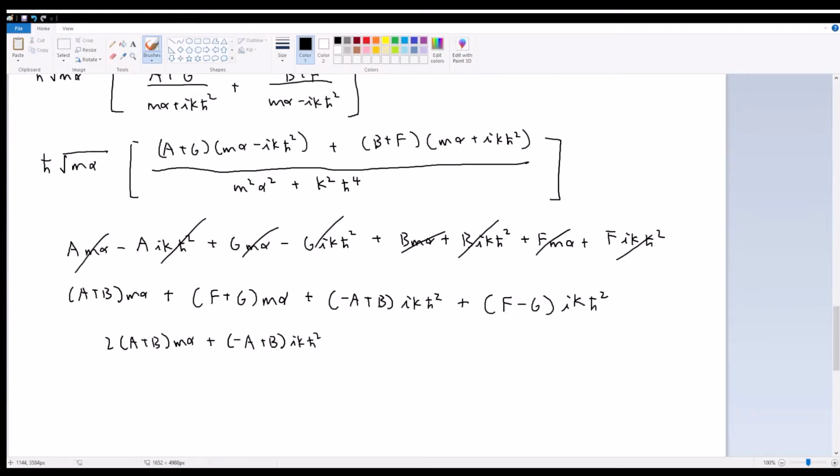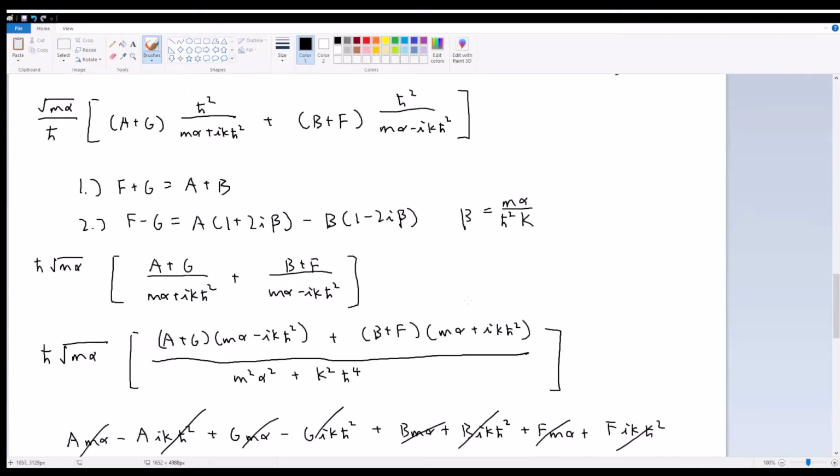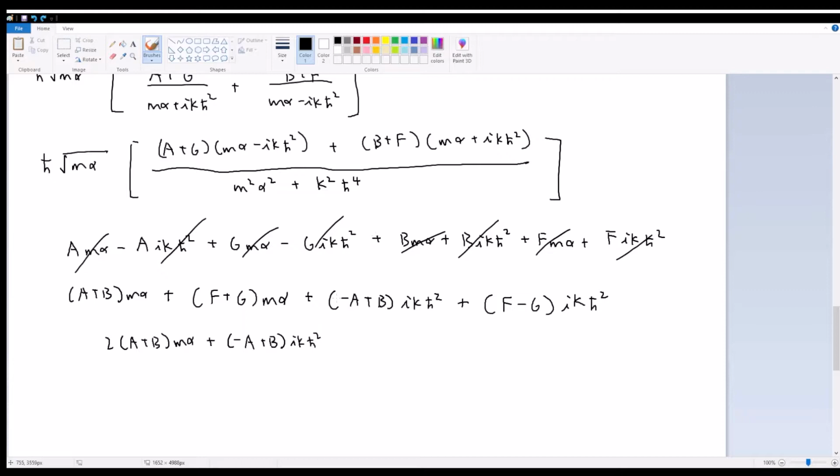Well, that can be rewritten in terms of a and b, because remember from our property number 2 over here, f minus g is equal to this thing. So if we write that out, then this is going to be plus ik h bar squared multiplied by a times (1 plus 2i beta) minus b times (1 minus 2i beta).